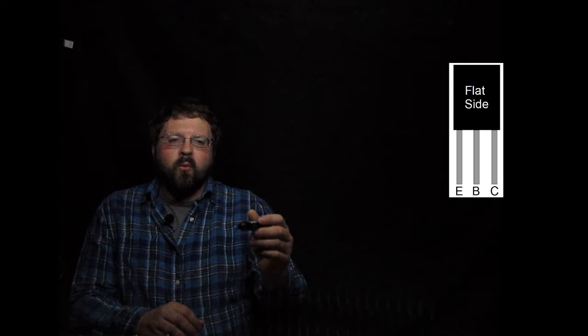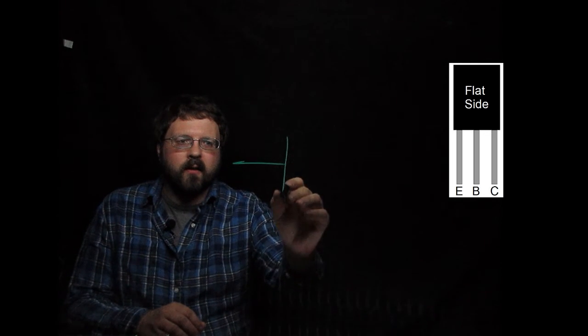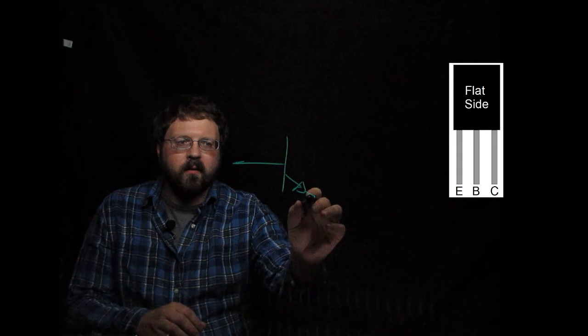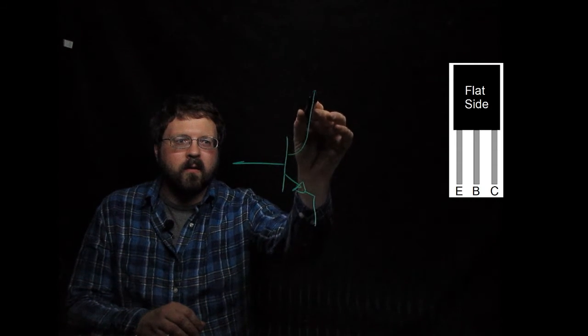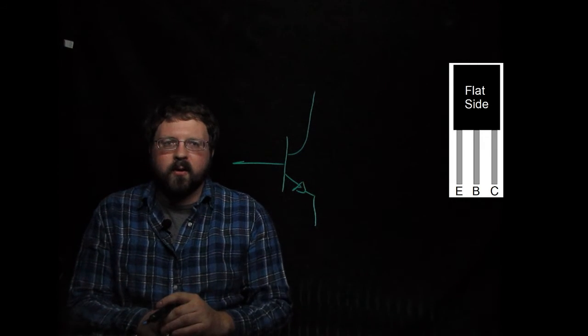So transistors are 3-terminal devices, and here's a picture of a transistor. The circuit symbol for a transistor looks like this. And we can name the different terminals.